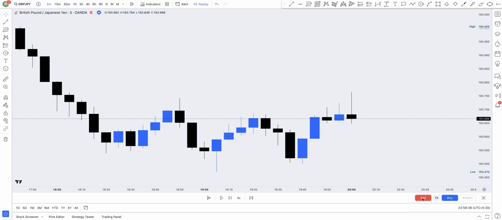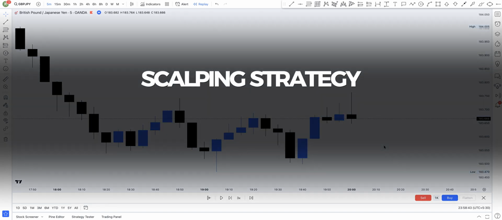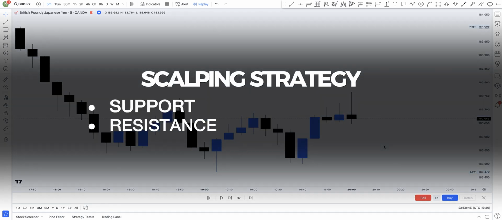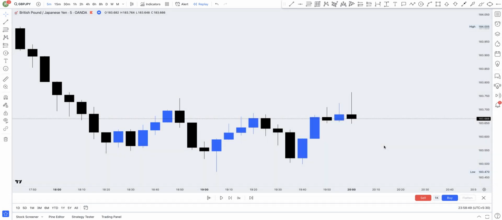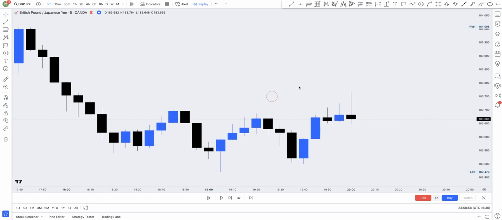Alright, so one of the strategies you can consider when scalping is support and resistance. Like I said, scalpers play around 30 minutes, 15 minutes, 5 minutes and below. Today we are on 5 minutes on pound JPY, and we are going to learn a strategy that you can use to grow a smaller account.